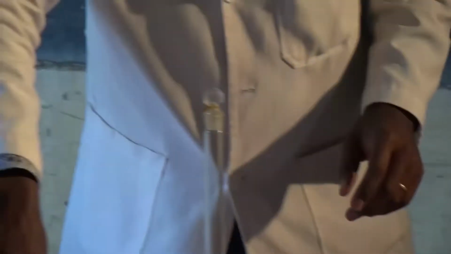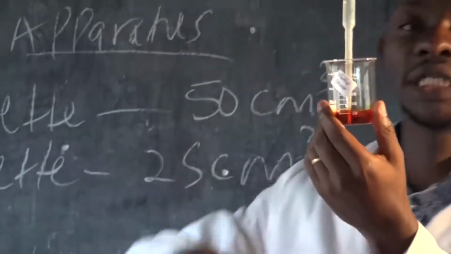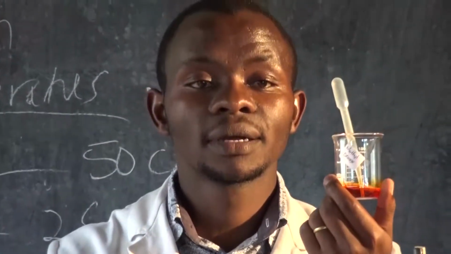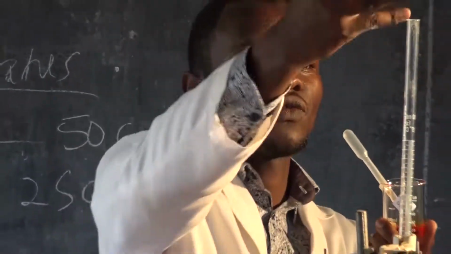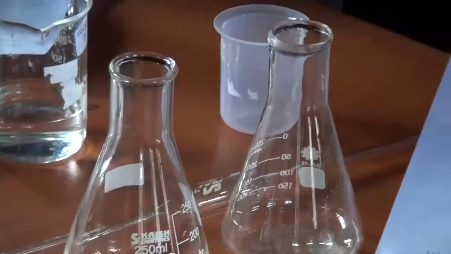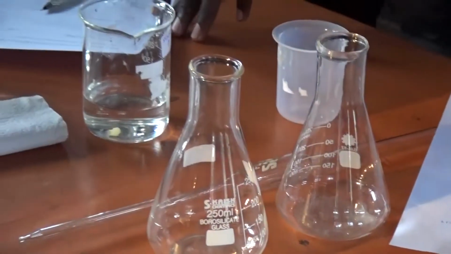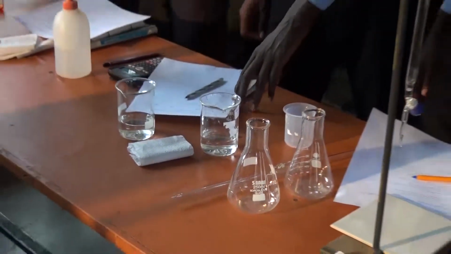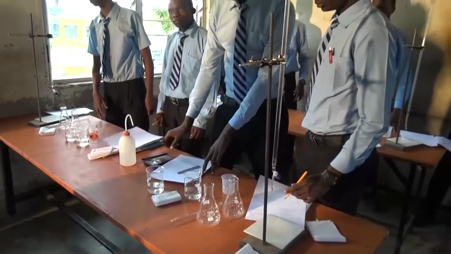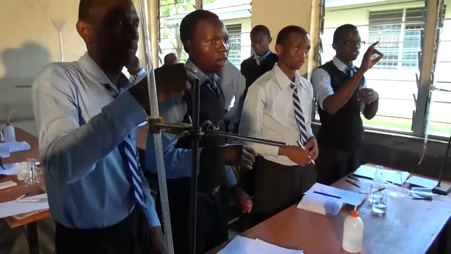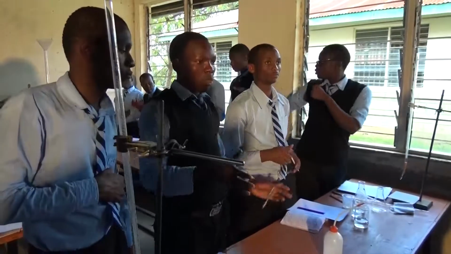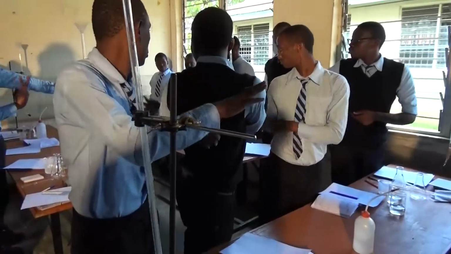At the same time, this one is methyl orange indicator. Indicator we are sharing. 4 tables, they are sharing. There are 8 we are sharing. At the back there we have. Is it okay?